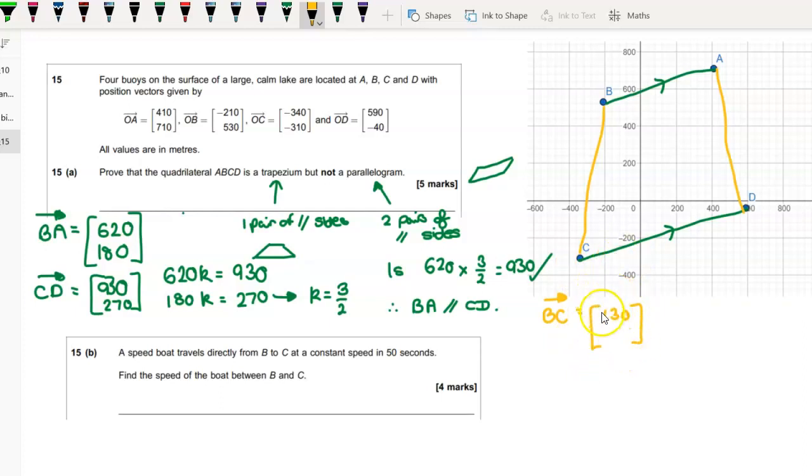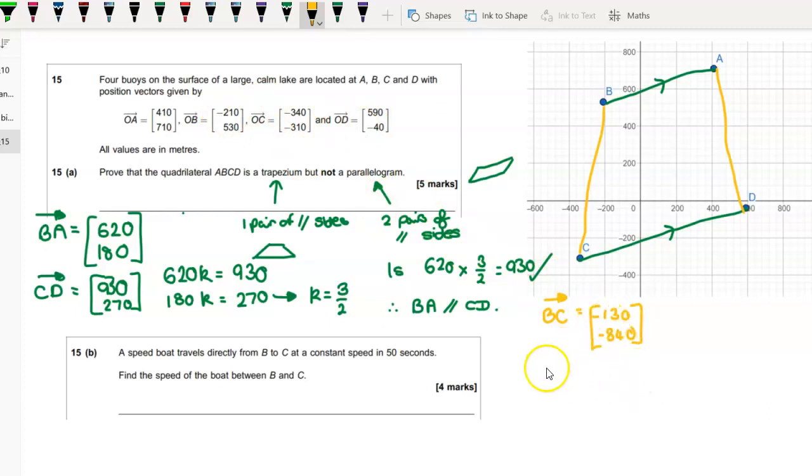And then you'll work out the bottom one. So minus 310 minus 530, so that's going to be minus 840. Sorry, this top one should be minus 340 minus minus 210.